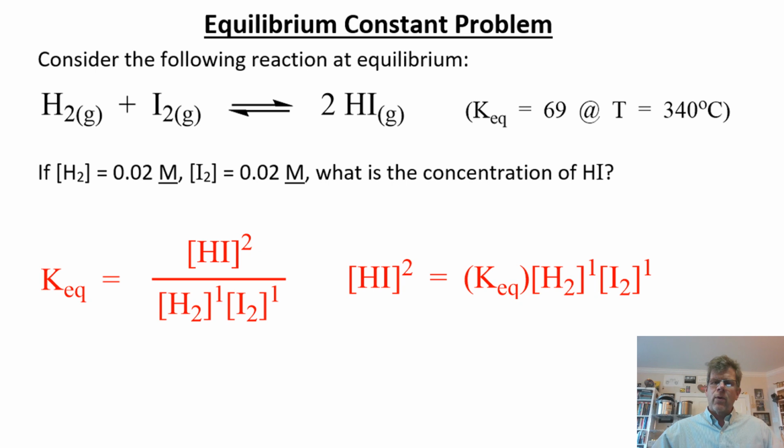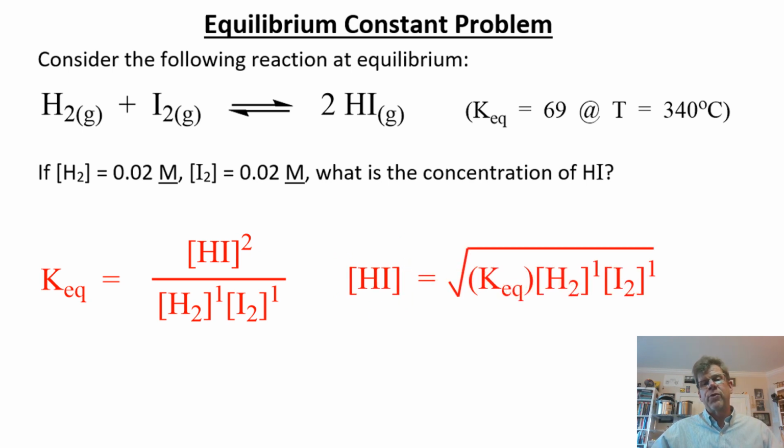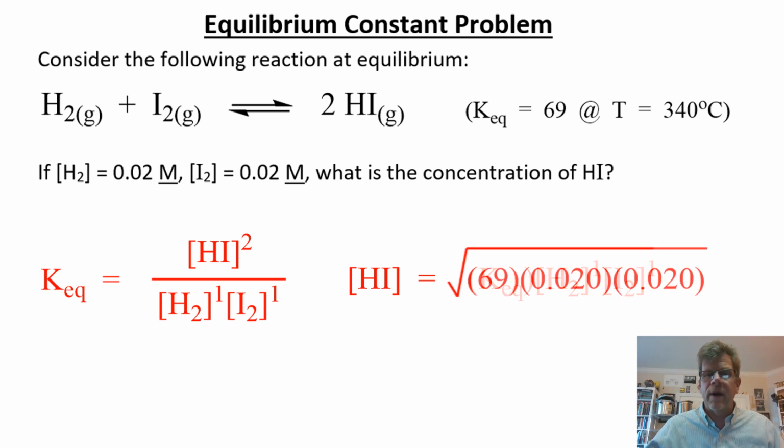So how are we going to do this? To carry this out, we want the concentration of HI. I don't want the square of the concentration of HI, just the concentration to the first power. So I'm going to take the square root of both sides, removing that HI squared down to HI, and we'll just plug in the numbers.